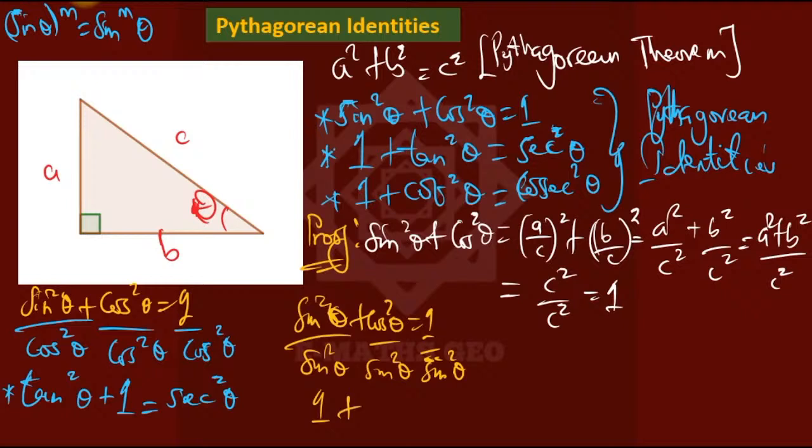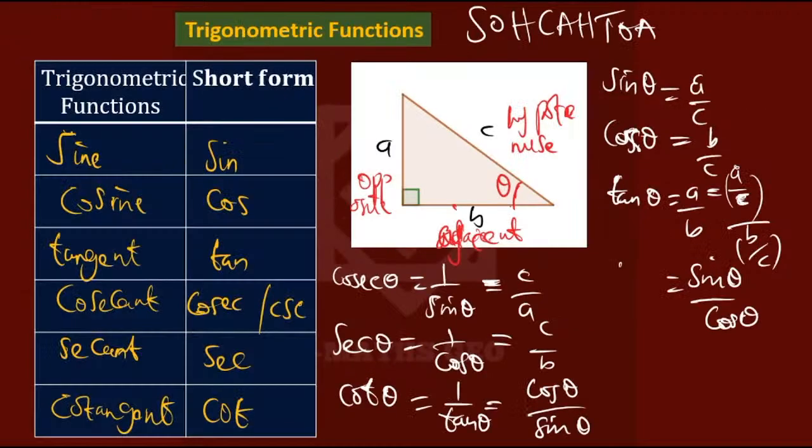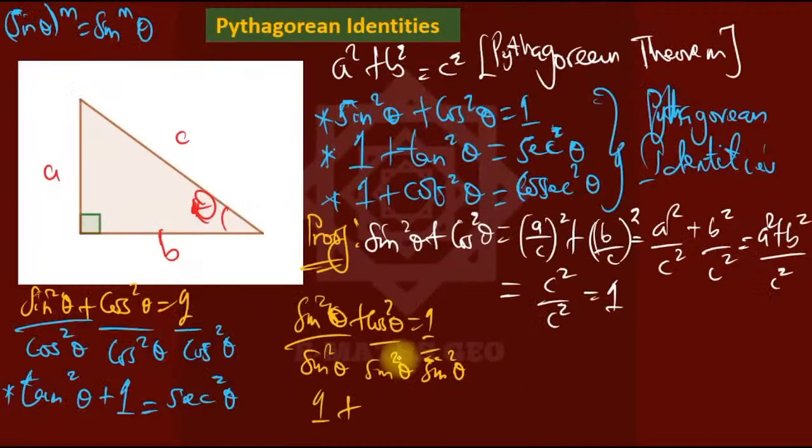Cos over sine is cot. Because of the square, it's now cot squared. And 1 over sine is cosec, so we will have cosec squared. So we've proved the identities. So that's it.